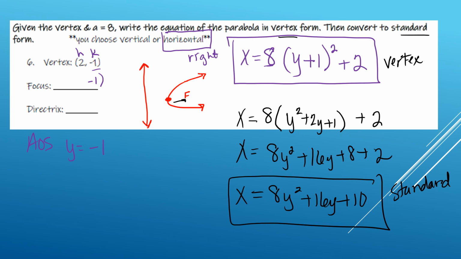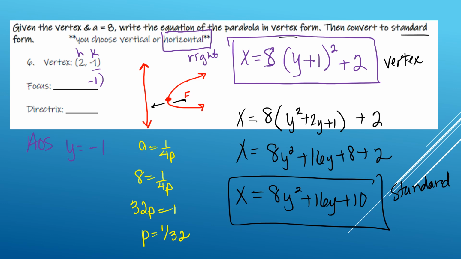The distance from vertex to focus and from vertex to directrix. Alrighty, so take your a value, set it equal to 1 over 4p, cross multiply to get 32p equaling 1, and then divide through and we get 1/32. We are barely moving at all. The distance from the vertex to the focus is 1/32.